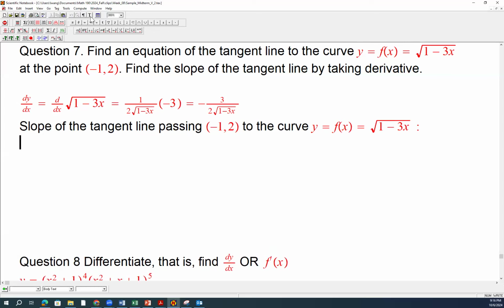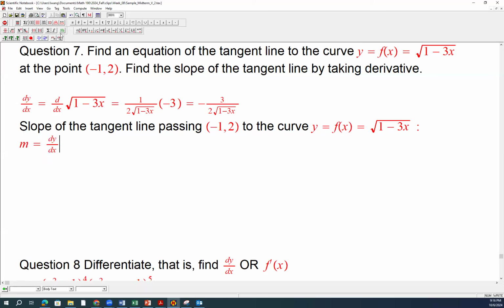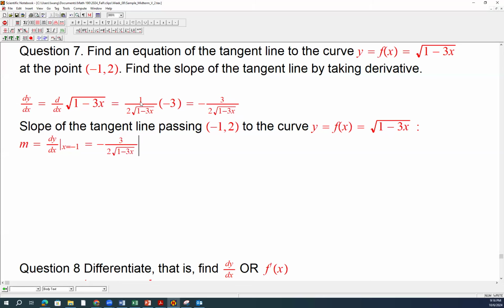So that slope, we're going to call it m. M would be the derivative of the function evaluated at x equals -1, which is right here. So we're going to replace x by -1.